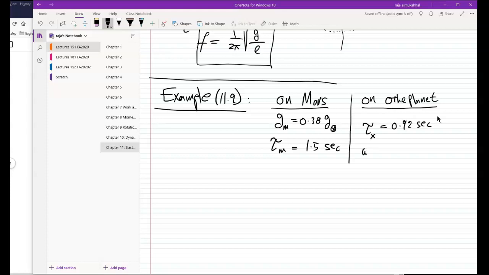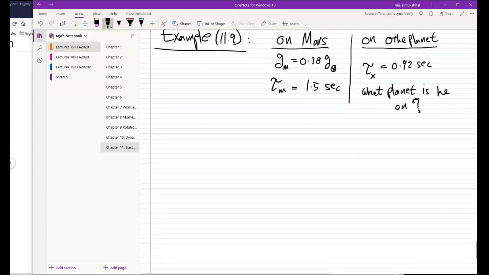And he's asking what planet is he on? All right, we want to identify it. Well, how do I identify it? I'm just going to solve for the value of G and then maybe look up the acceleration due to gravity of various planets in the solar system, I hope, to identify that planet. You got that? Do you see a plan?